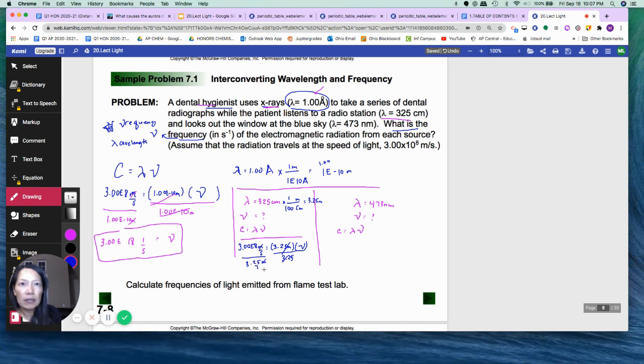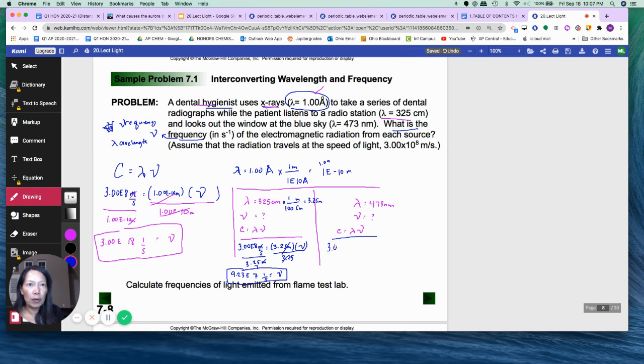The meters cancel, and you have 1 over S as your frequency. I got a really huge number: 9.23 E7 waves per second.